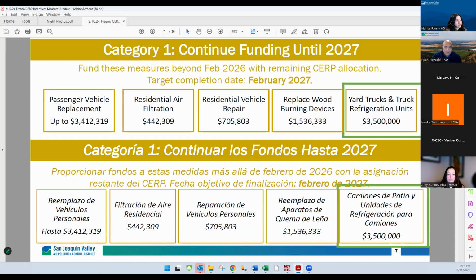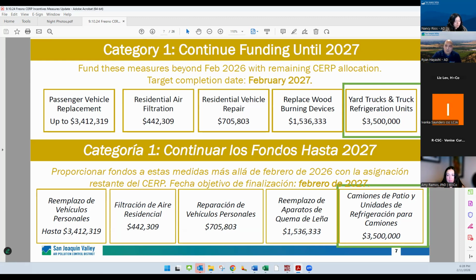Residential air filtration, we're right about $558,000 so far that we've been able to purchase and get new devices in people's homes, which is exciting because it's a great mitigation measure in reducing air pollution within people's homes. Residential vehicle repair, we still have about $700,000 left.